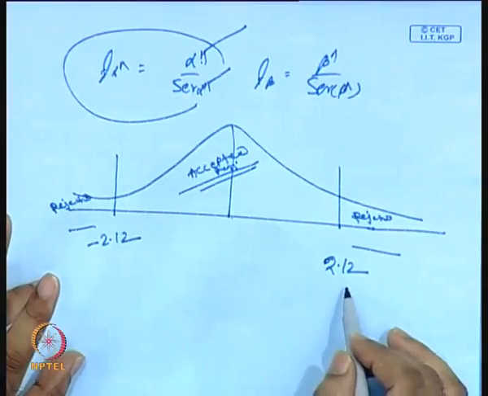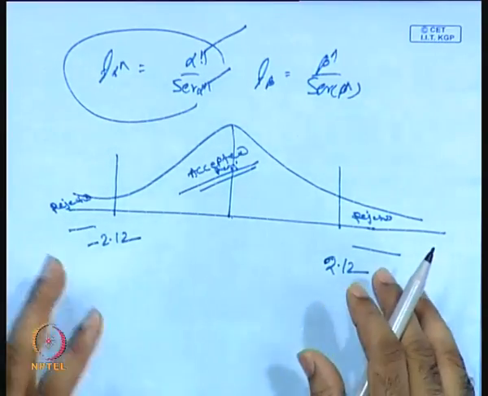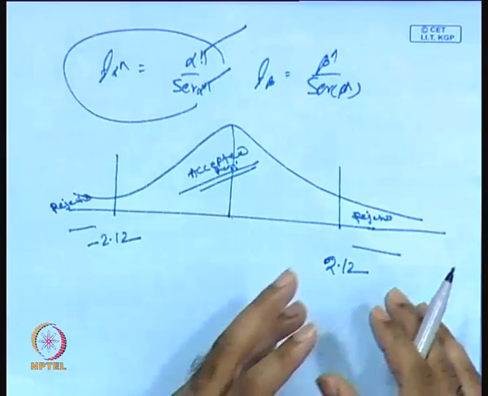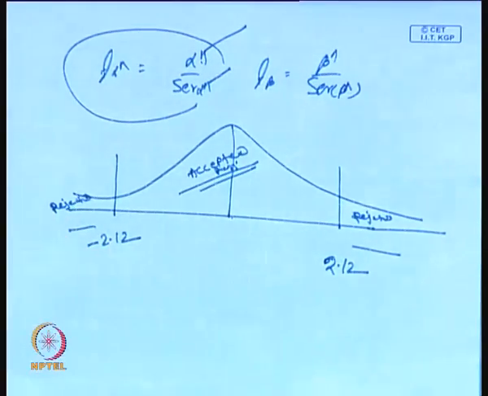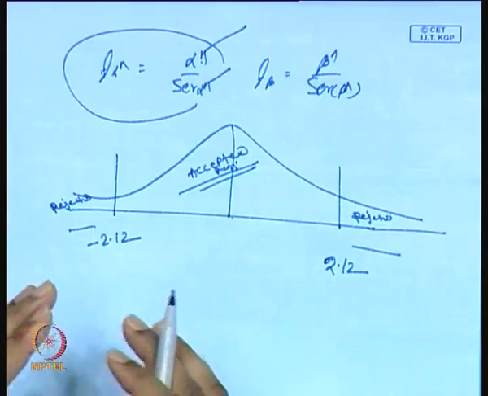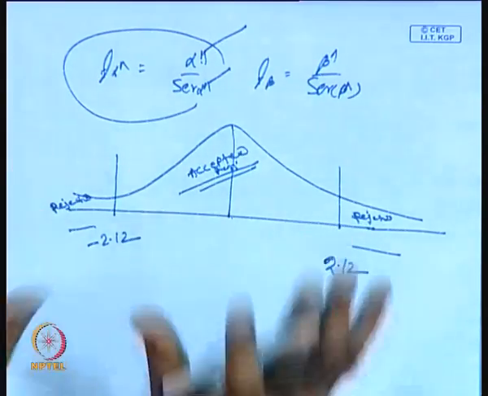Now we have to position the calculated t of alpha hat. That is what the tabulated statistic is all about at a certain degrees of freedom, or sample size. Let us assume that for this particular problem the tabulated t value is 2.12 for the right tail and minus 2.12 for the left tail. Now we have to see what the t of alpha hat, the calculated statistic, is.